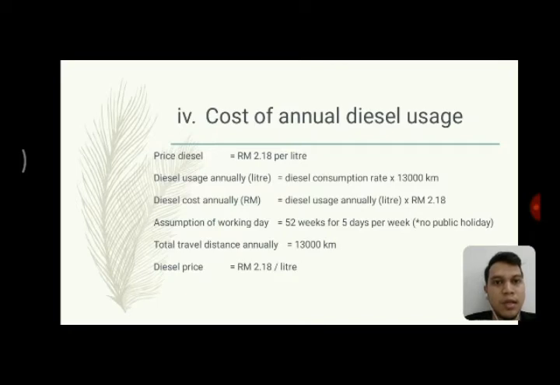That is fixed. Diesel usage annually equals the diesel consumption rate times 30,000 km. Diesel cost annually in ringgit Malaysia equals diesel usage annually in liters times 2 ringgit 80 cents. The assumption of working days is 52 weeks at 5 days per week.